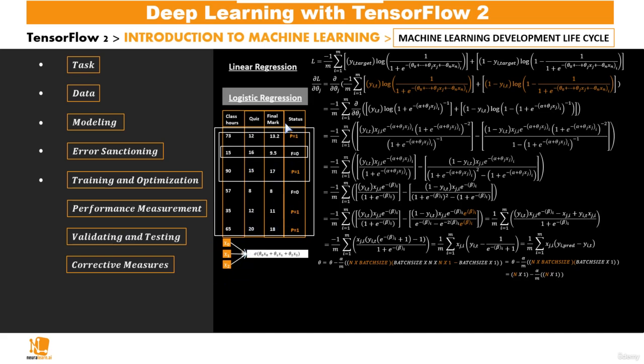If we place 6 here, we'll still have this n by 1 minus this n by 1. So it doesn't really change the way we compute or update our parameters theta.